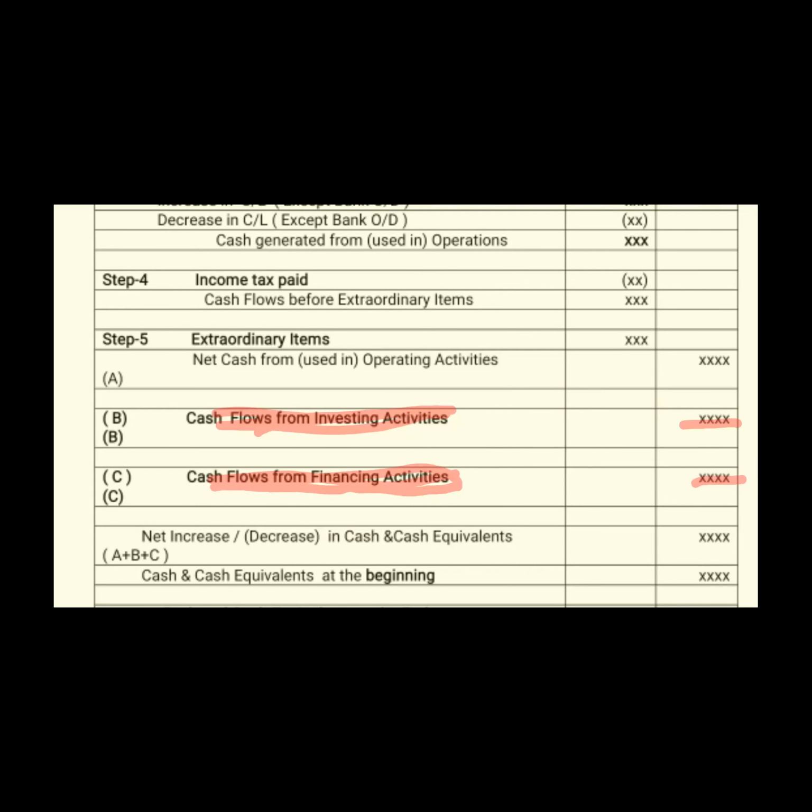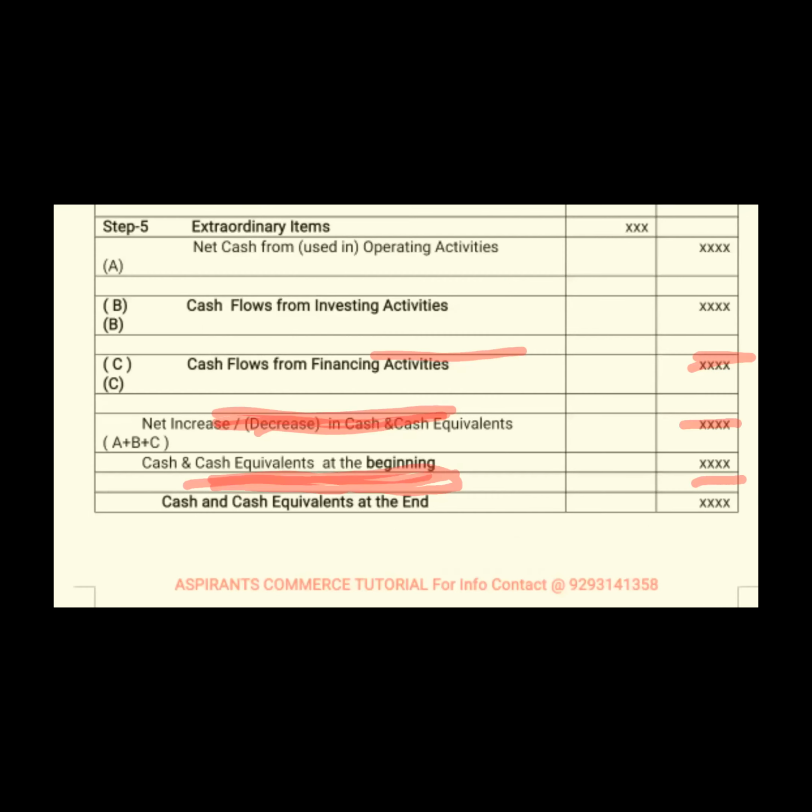After adding the three, operating activities, investing activity and financing activity, you will get net increase or decrease in cash and cash equivalents. If you get the amount in minus, you write decrease.